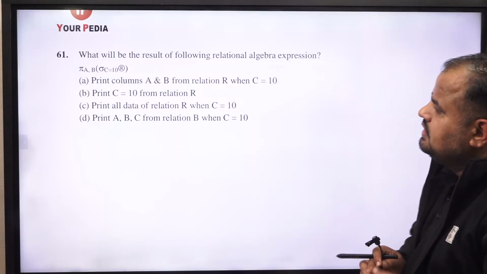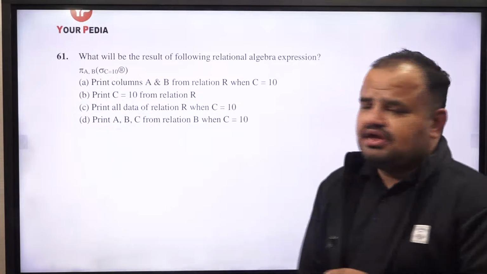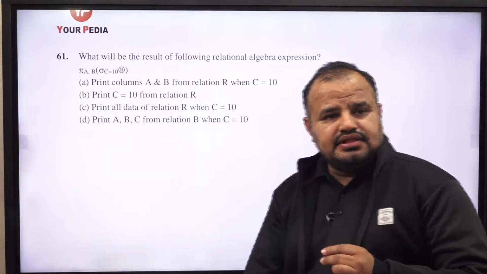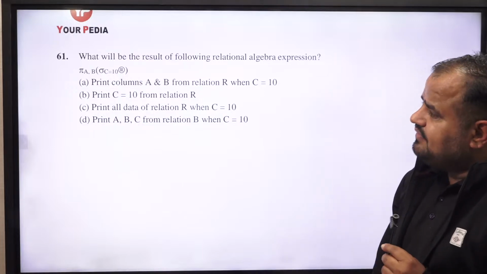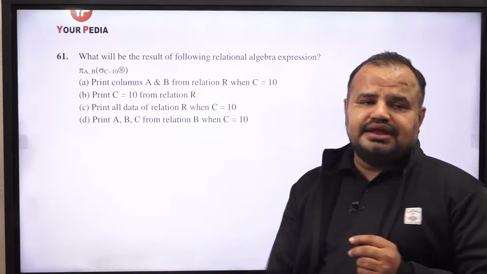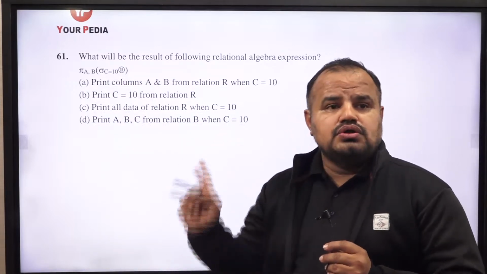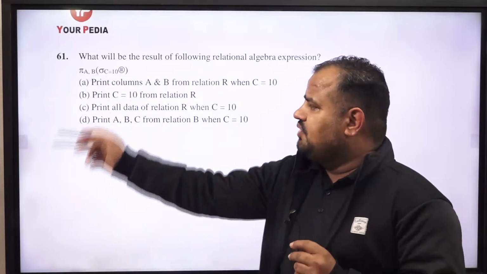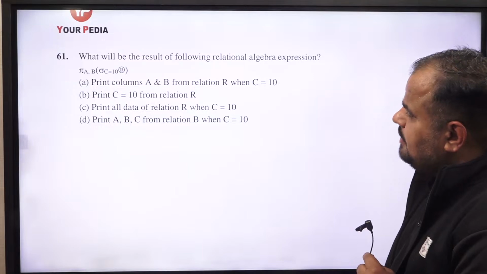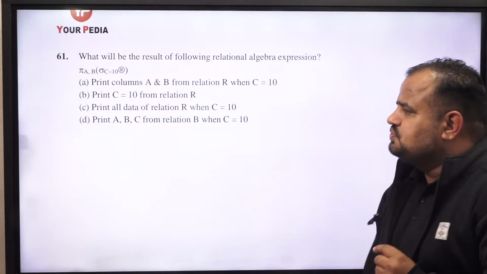Very good, very good. So first it selects the records having C equal to 10. Whenever it selects C equal to 10, the rows having 10 in the C attribute, in the output of this nested query, reflect all the attributes, and from that you are going to project only A and B. It means it prints the columns A and B from the relation R when C equals 10.